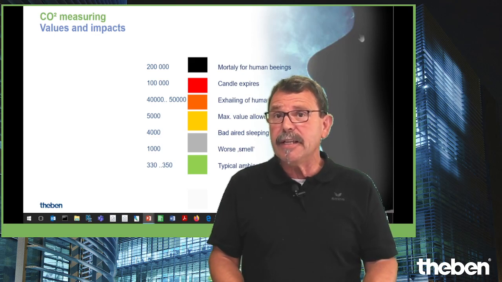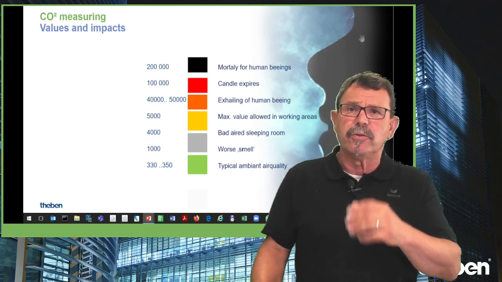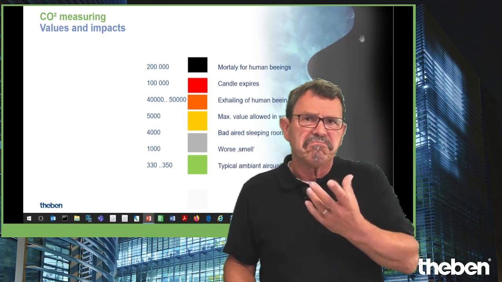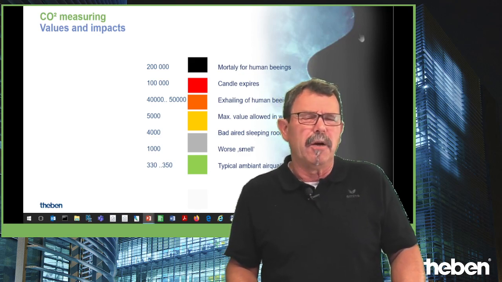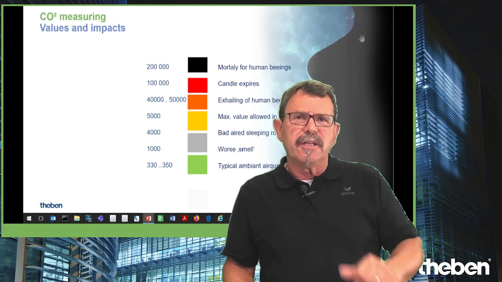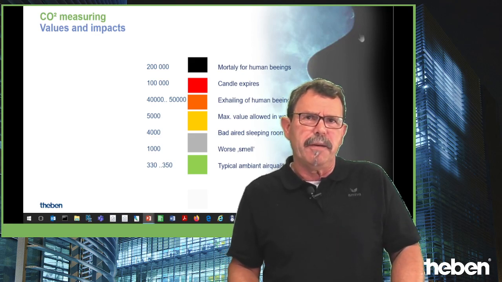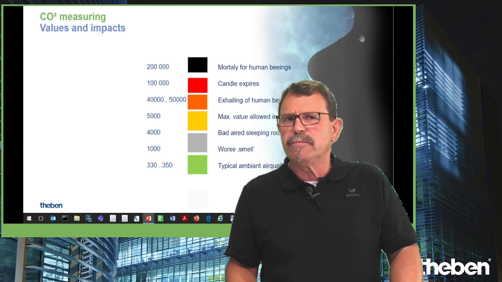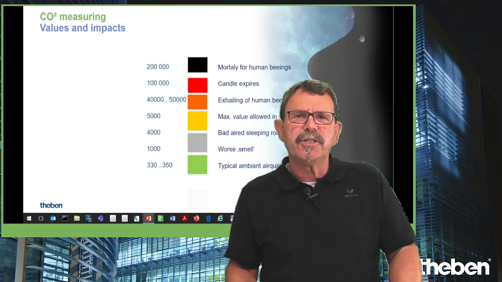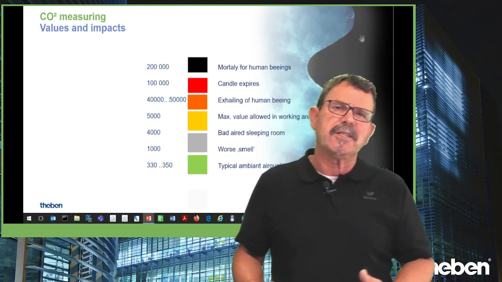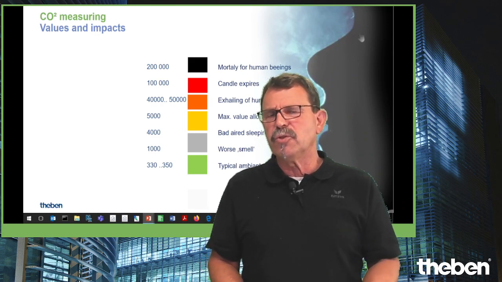The effect is, at around 1000 ppm, we probably sense it as a worse smell. However, about 5000 ppm is a difficult value, because there is a normative regulation here in Europe which tells us this is the maximum concentration of CO2 under working conditions.